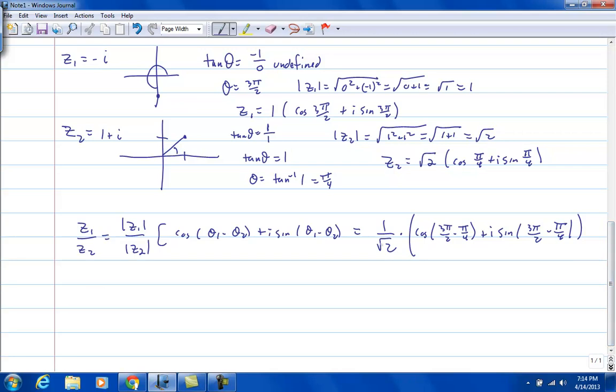And that's, let's rationalize the denominator. It's not rationalized. z1 over z2 is going to be the square root of 2 over 2, just rationalizing that denominator, times what now? Cosine 3 pi over 2, that's 6 pi over 4. 6 minus 1 is 5, so it's cosine of 5 pi over 4 plus i sine of 5 pi over 4.